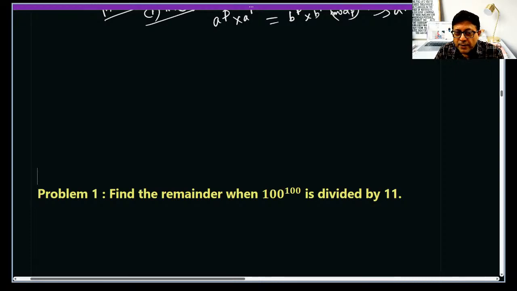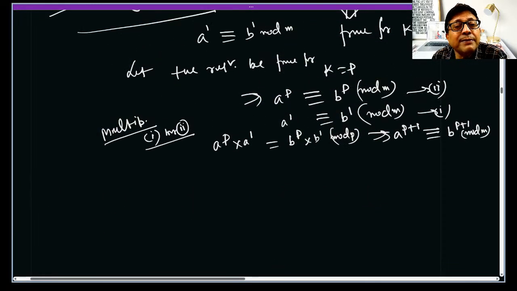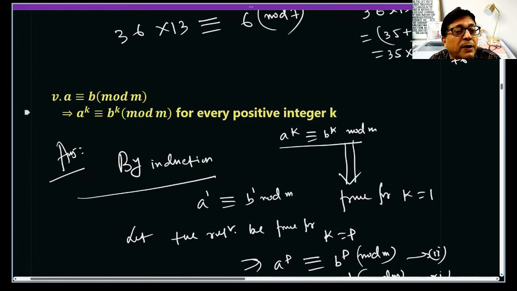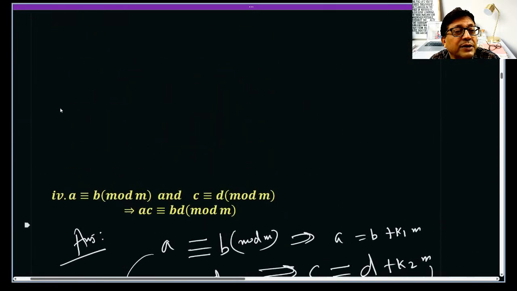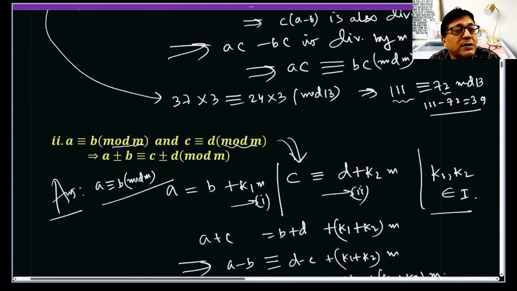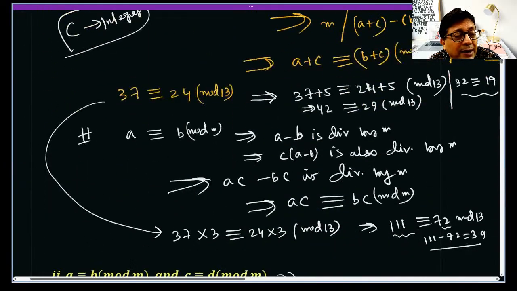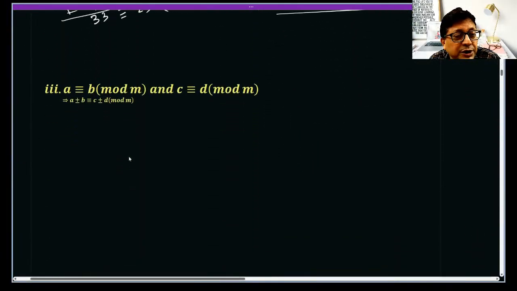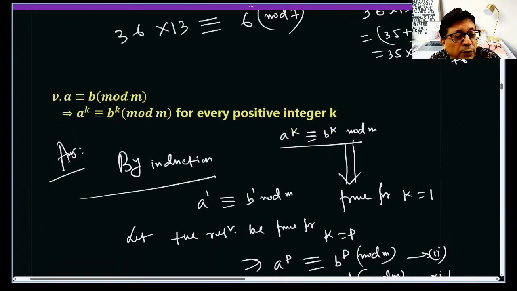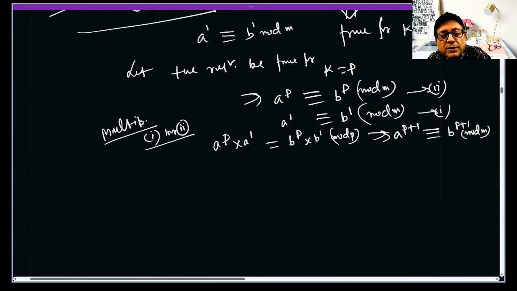Find the remainder when 100 to the power 100. You will just remember the concept here, only these green parts, you note them down and apply them. 1, 2, 3, 4, 5. Actually 4 because 1 is repeated.